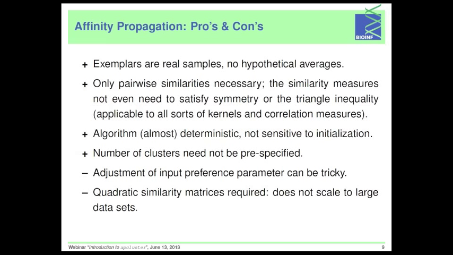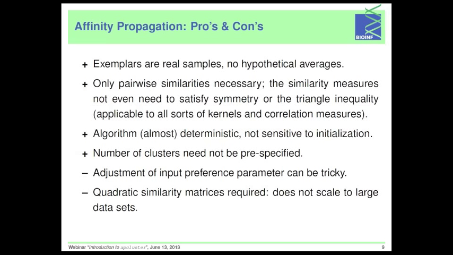So where there is light, there are shadows. What are the pros and cons of affinity propagation? I think one of the great advantages is that exemplars are real samples and not hypothetical averages. I will show you some examples where it becomes, I hope, quite clear why this may be a great advantage. Another advantage is that it's only necessary to have pairwise similarities. And actually, there are no special conditions about what this similarity should satisfy.